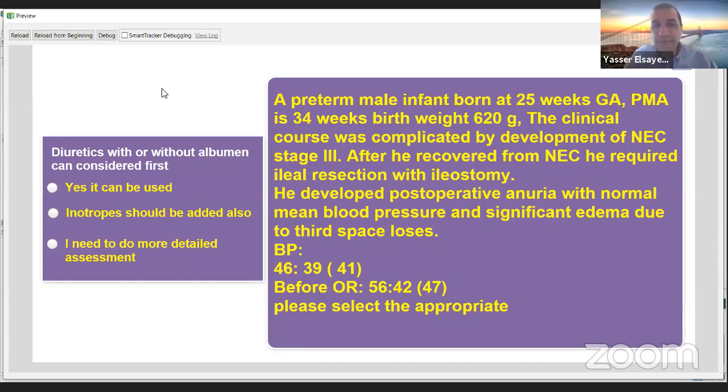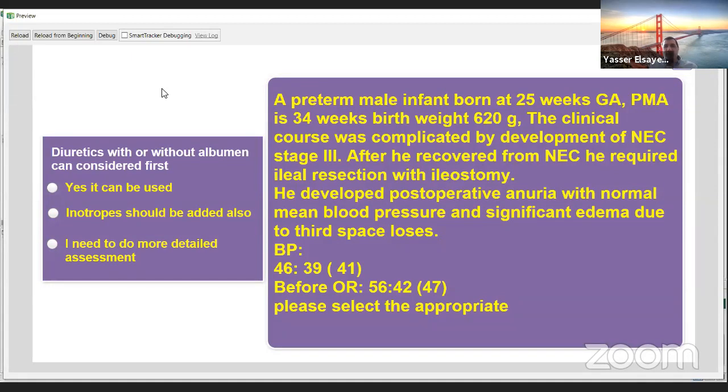The first one, I will ask you a question, and Dr. Yahya will show the selection, and please select one of the answers. We have a preterm infant born at 25 weeks gestational age, now 34 weeks corrected, or post-menstrual age of 34 weeks. Birth weight was 620 grams.